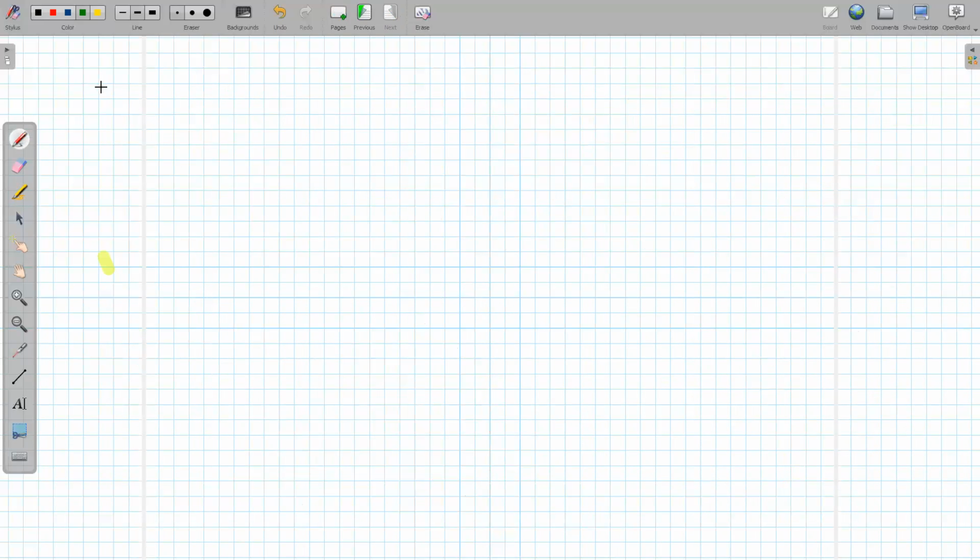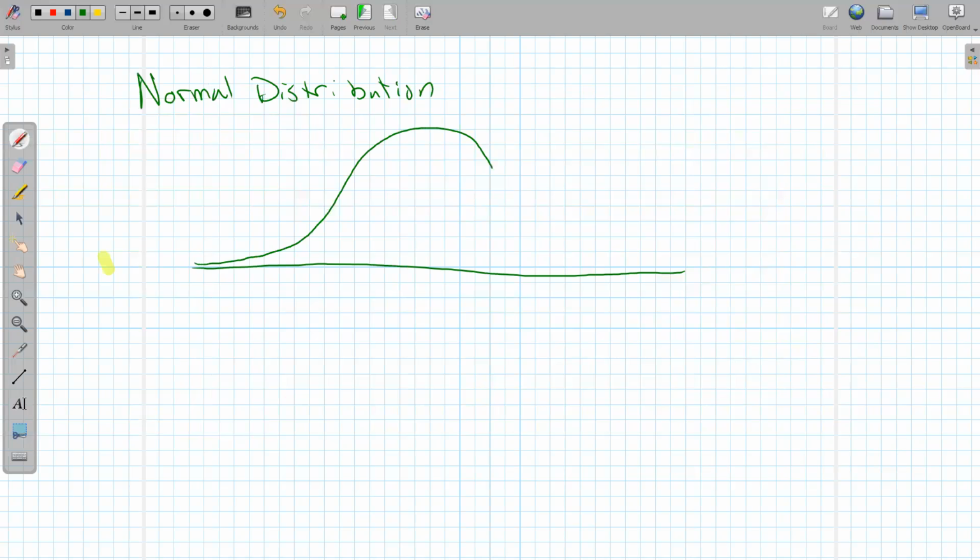And what I'm looking at here is trying to get used to those 68, 95, 99.7 percentages. So I have a normal distribution. If I have a normal distribution and I look at a graph of the data, I should expect to see this symmetric bell shape.